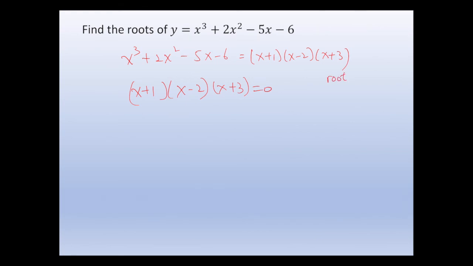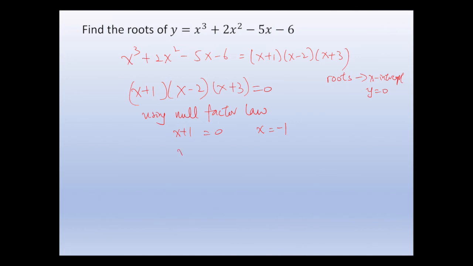So if we need to find the roots of y equals this, we equate x plus 1, x minus 2, x plus 3 equals 0. Roots are the x-intercepts, which is when y equals 0.